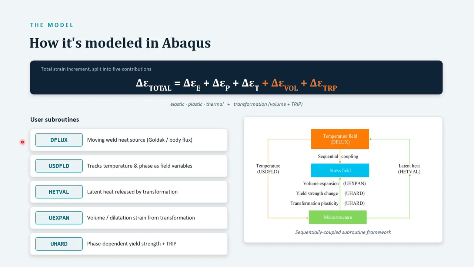DFLUX moves the welding heat source. USDFLD follows the temperature and the phase change. HETVAL adds the heat from the phase change. UEXPAN adds the volume growth. UHARD handles the strength change and the plasticity. The diagram shows how they all work together.